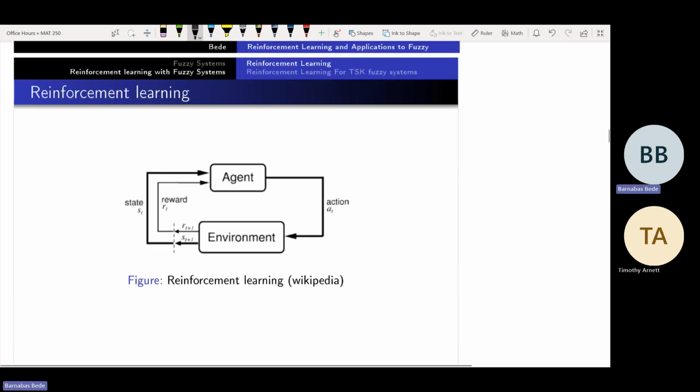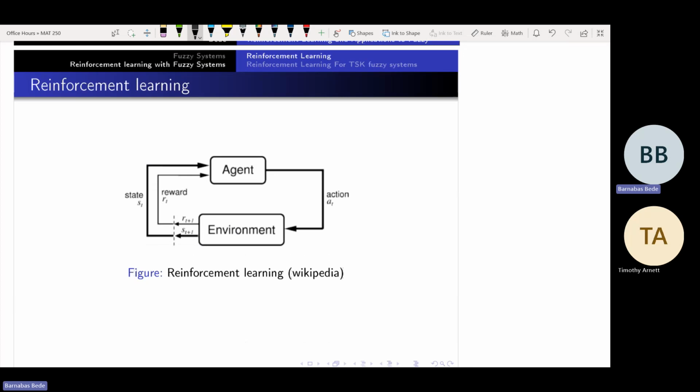So this is a simplified version of the previous picture. We have a state s_t and reward r_t at time t. The agent observes these from the environment, and then, based on those, takes action a_t, t being the time step, and then increases the time step.